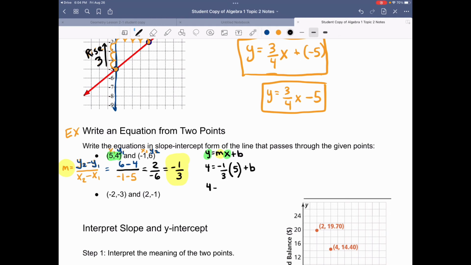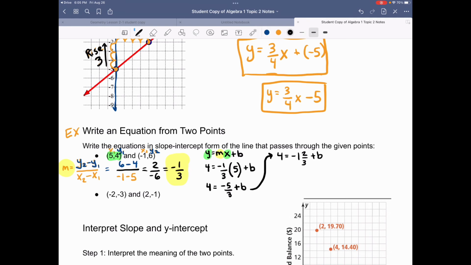So 4 equals, that's going to be negative 5/3 plus b. I'm going to bring it up here. I'm going to rewrite the negative 5/3 as negative 1 2/3 because it's going to make it easier to solve for b, right? So the negative 5/3 became negative 1 2/3.